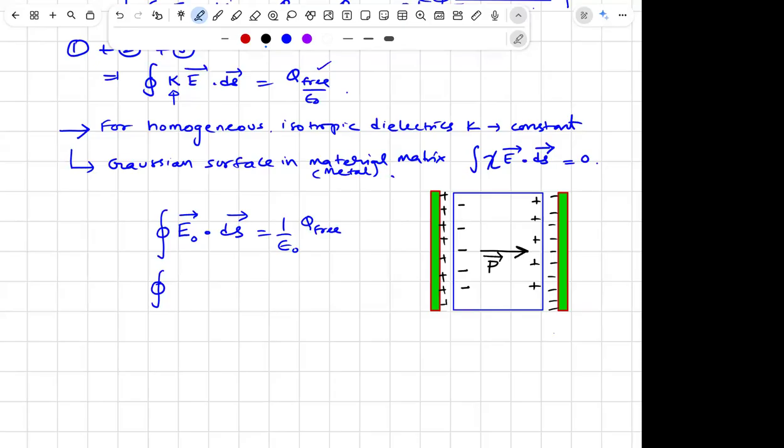Because of the distribution of the charge, there is an E due to polarization and E due to free charge.